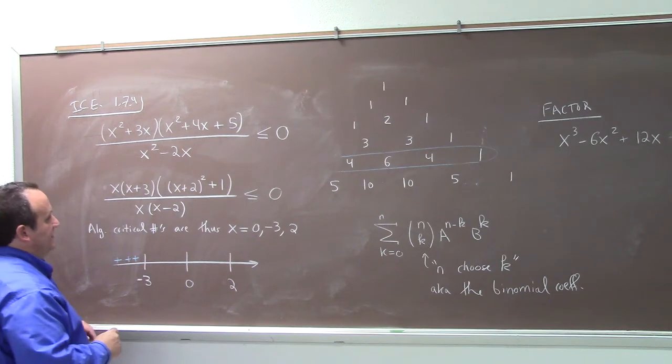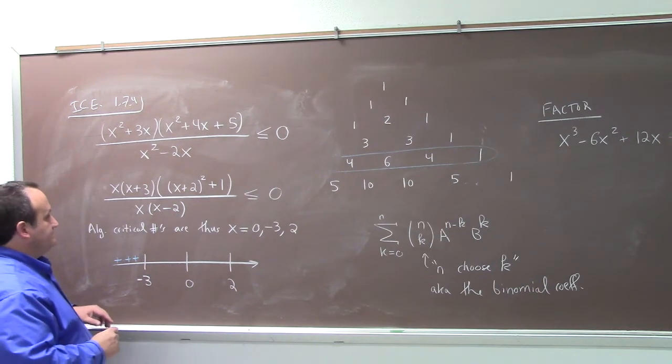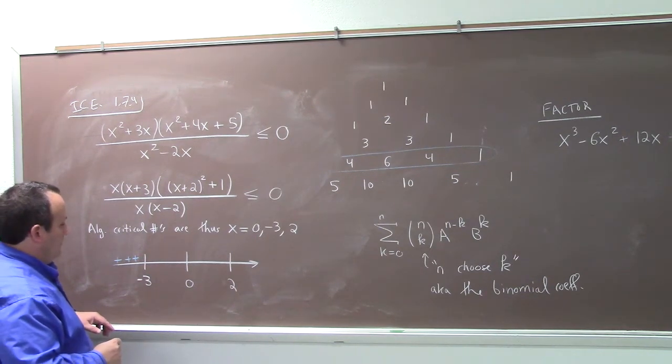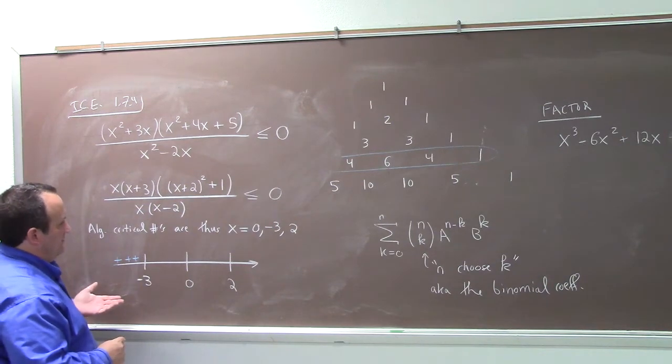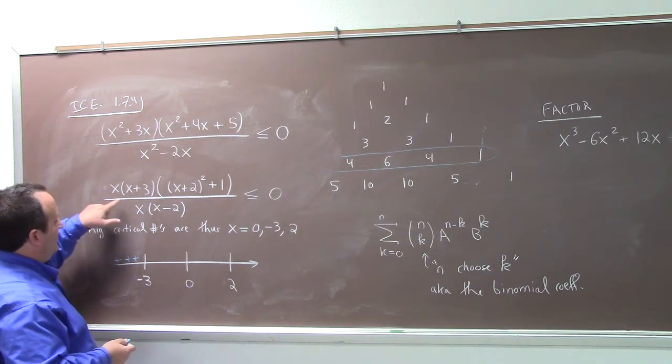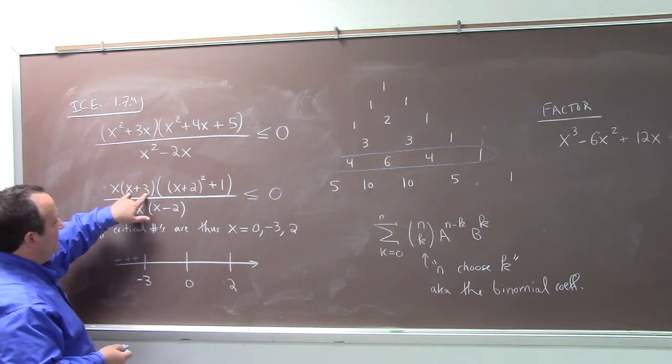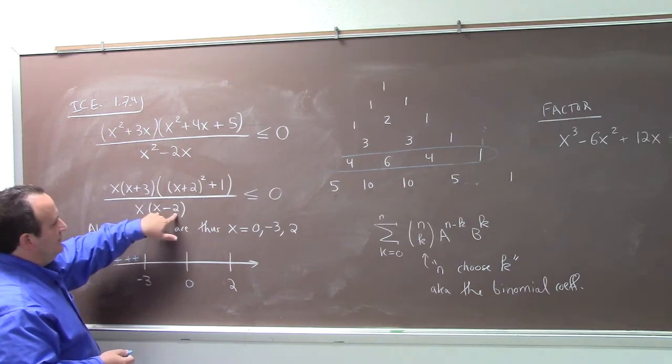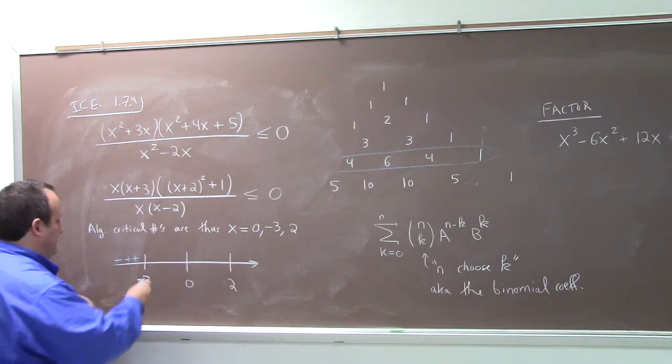How about if we plug in minus 2? Or you could plug in minus 1, whatever. If I plug in minus 2, this is positive, that's negative, so I get minuses in here.